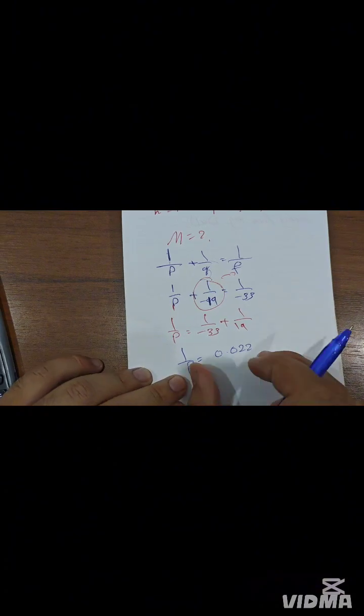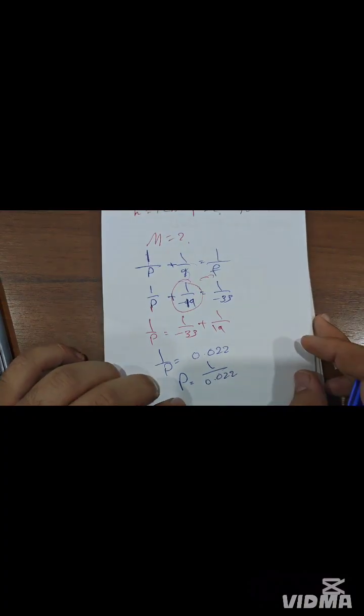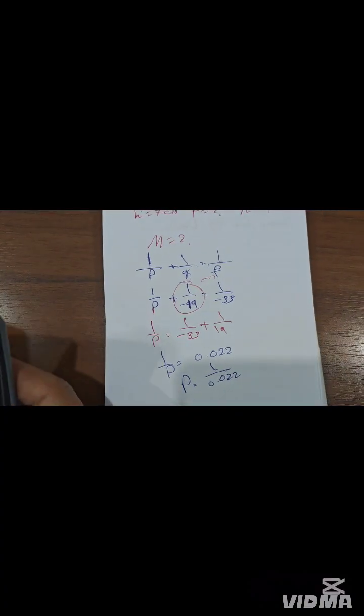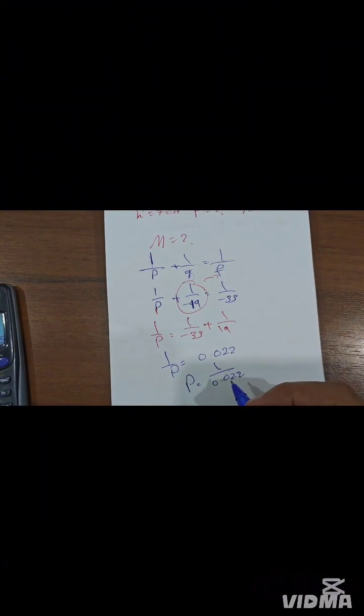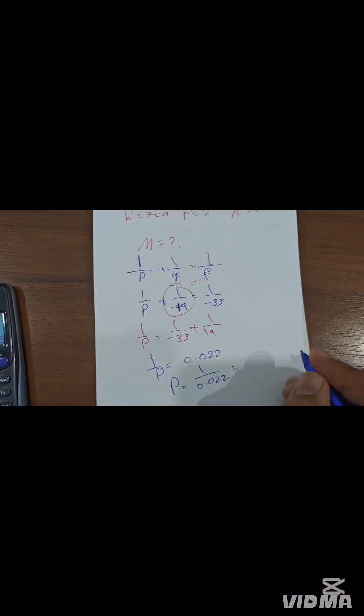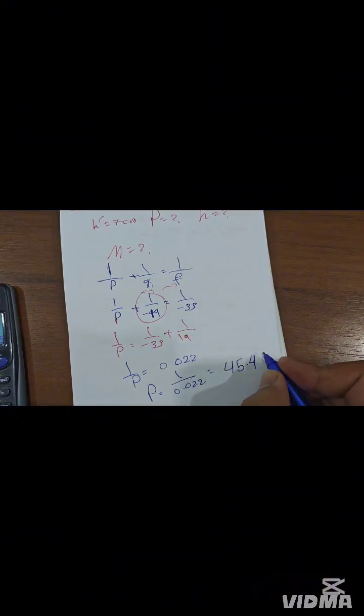To find the value of P, flip this, 1 over 0.022. So the answer of P is 45.4 centimeter.